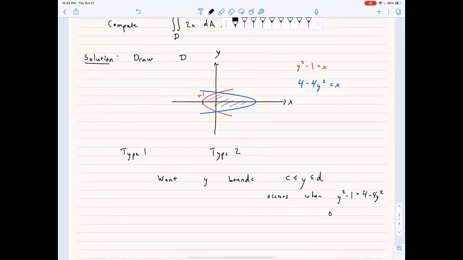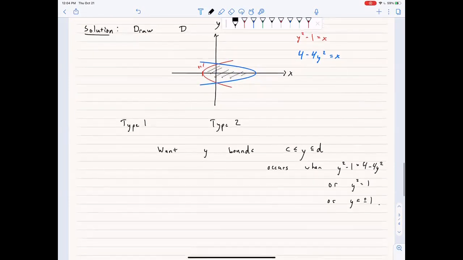Just doing some arithmetic, this is y squared equals 1, or y equals plus or minus 1. So the bounds for C and D are -1 and positive 1.